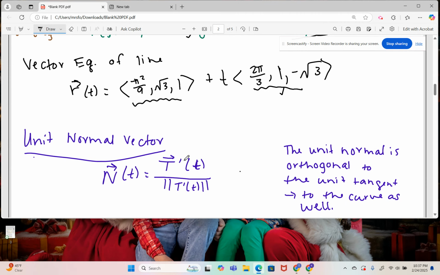We take the derivative of the unit tangent divided by the magnitude of the derivative of the unit tangent. I made this little note on the side: the unit normal is orthogonal, or perpendicular, to the unit tangent vector. So that implies that it's orthogonal to the curve as well.